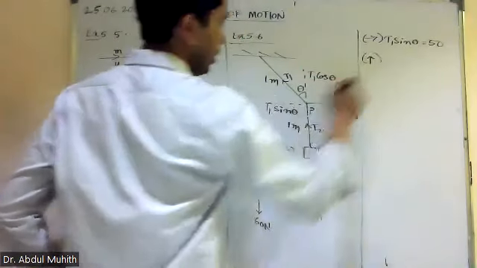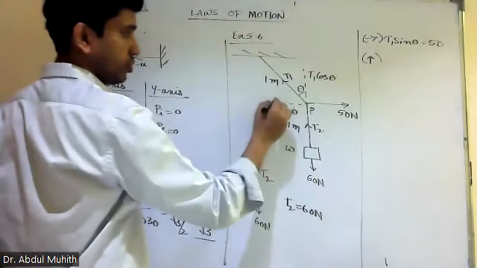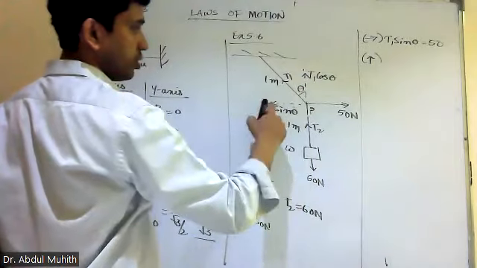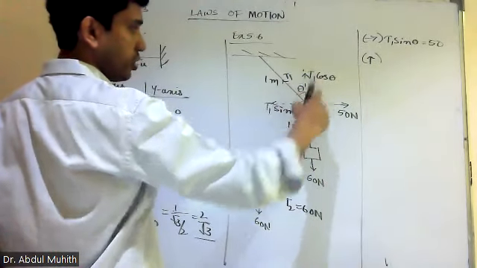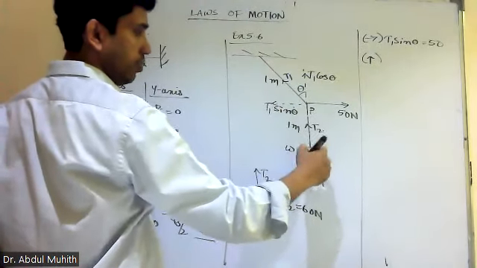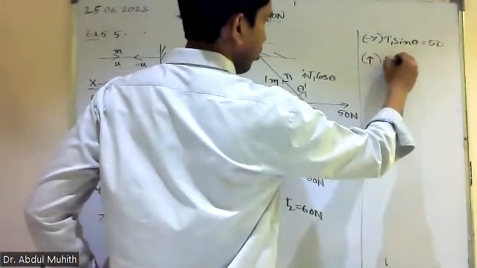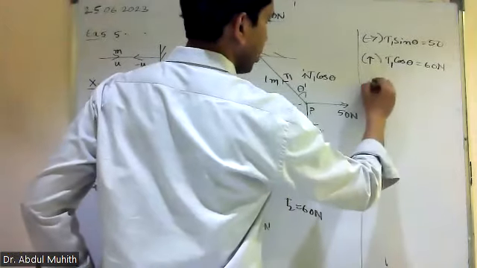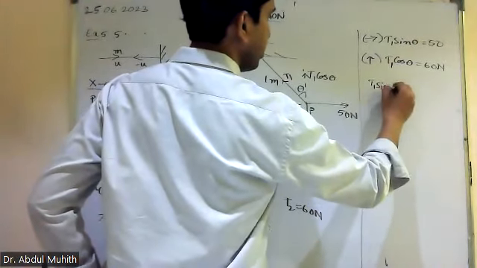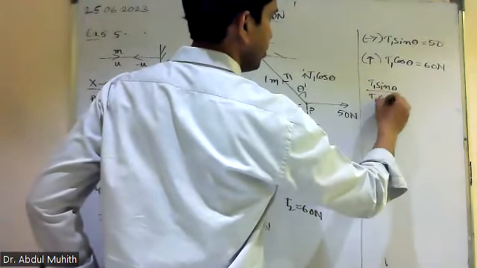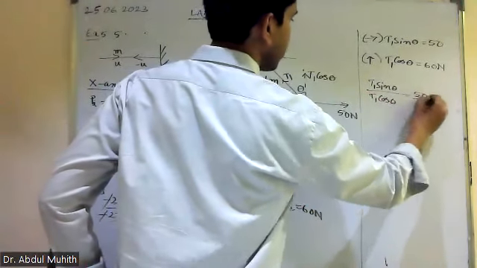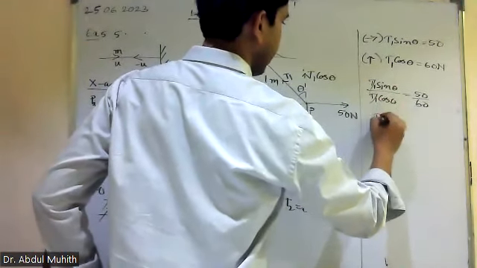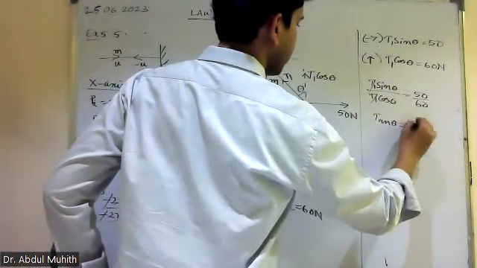For vertical forces, this force equal to this force. So T1 cos theta equal to 60 newtons. Now divide one over the other. T1 sin theta divided by T1 cos theta is equal to 50 on 60. Tan theta equal to 5 by 6.